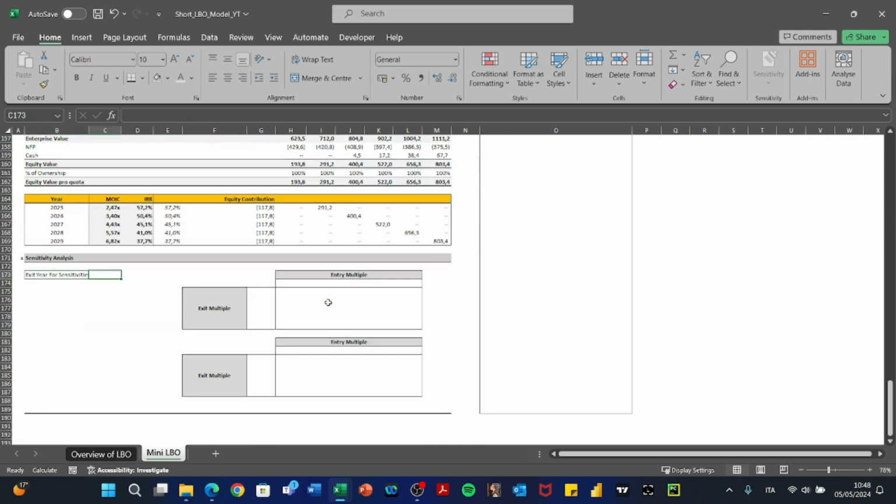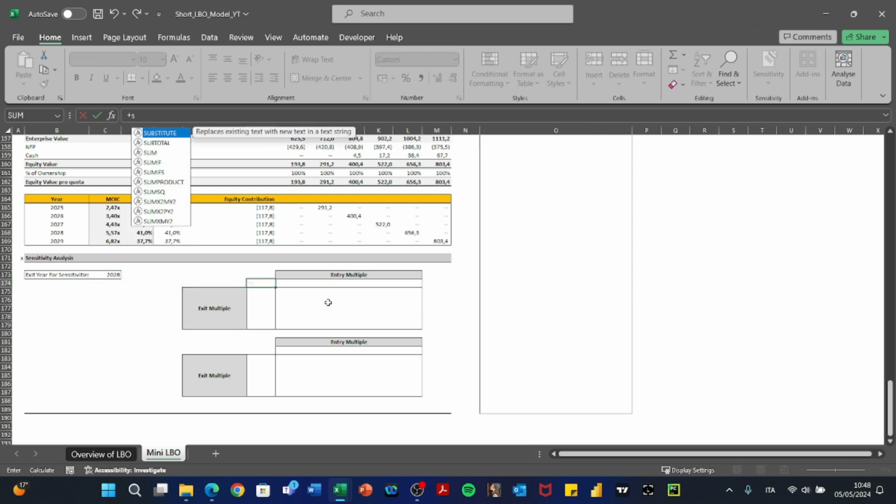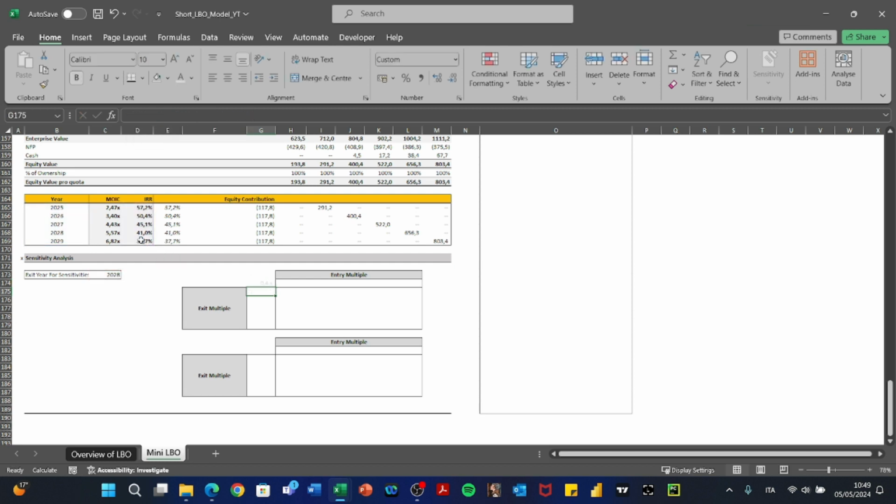And at the end, let's go with our sensitivity analysis. Let's suppose the 2028. The criteria is this one, and this is one. 0.8.